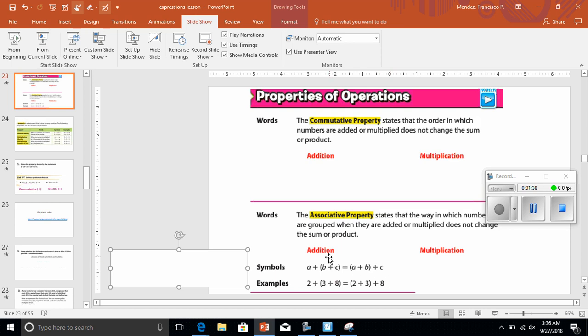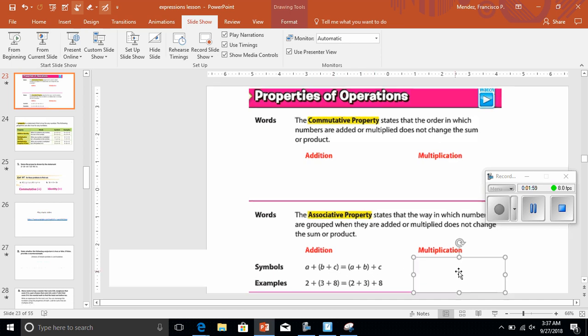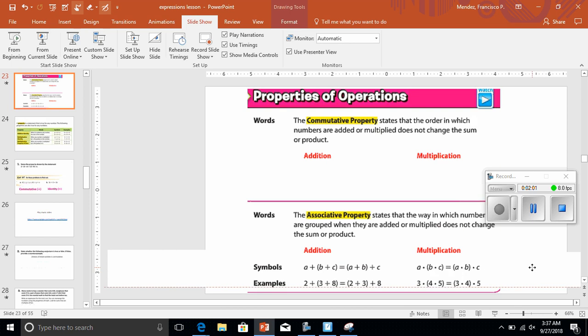Do you see the way my parentheses is grouped is changed, but the order of my numbers is not. A numerical example would be (2 plus 3) plus 8 would equal 2 plus (3 plus 8). Again, the numbers didn't change order, just the way my parentheses grouped them. And as long as I'm doing addition or multiplication, that is going to make my answer the same.